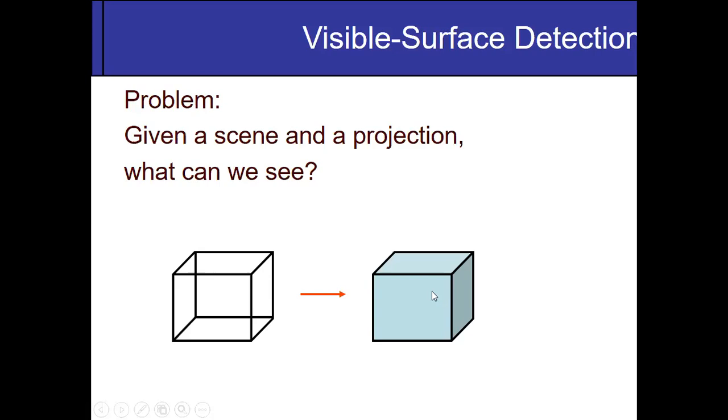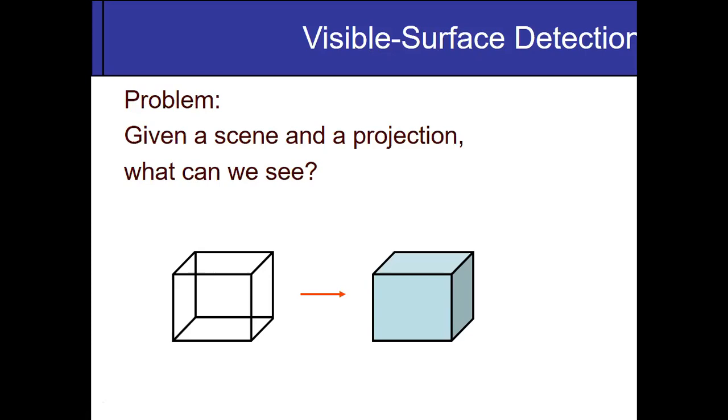Some authors will also call this problem hidden surface removal. So whichever surfaces are hidden, remove them. Either way, you can show those faces which are visible, that is visible surface detection, or the other phrase, hidden surface removal.